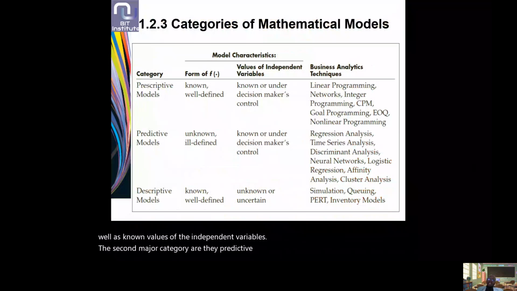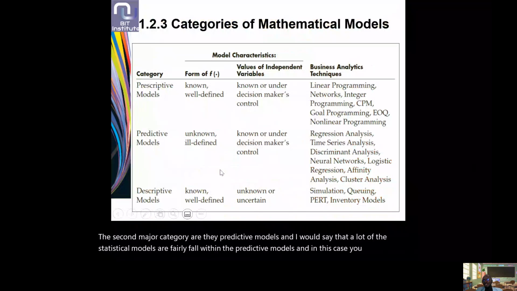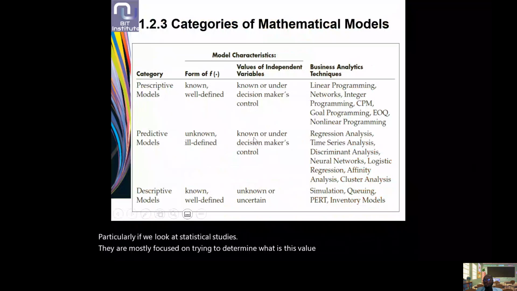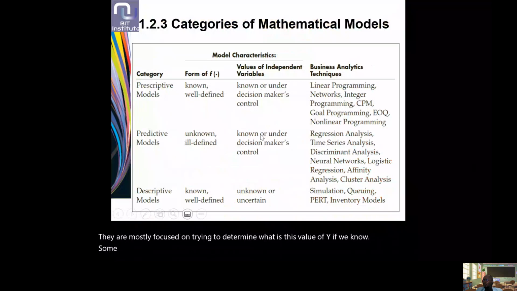I would say that a lot of the statistical models actually fall within the predictive models. In this case, you normally find that the form of the functional relationship is either unknown or ill-defined. If you look at statistical studies, they are mostly focused on trying to determine the value of Y if we know the independent values.